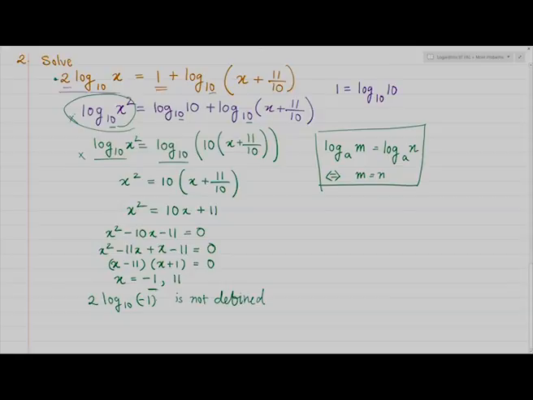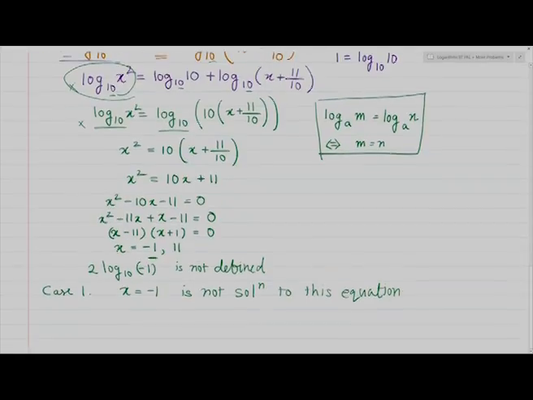So, if this is not defined, then my case 1, which is x is equal to minus 1, cannot be there, and therefore, x is equal to minus 1 is not a solution to this equation. Then I am left with only one term, which is x is equal to 11.